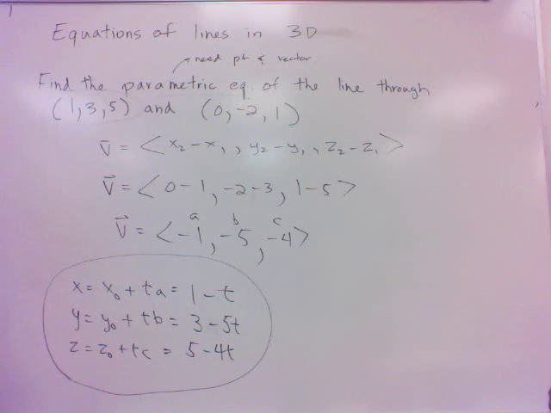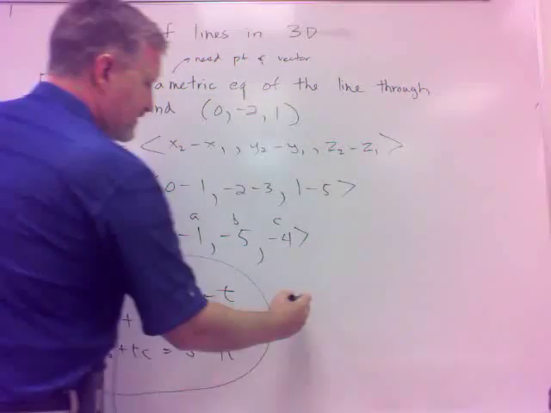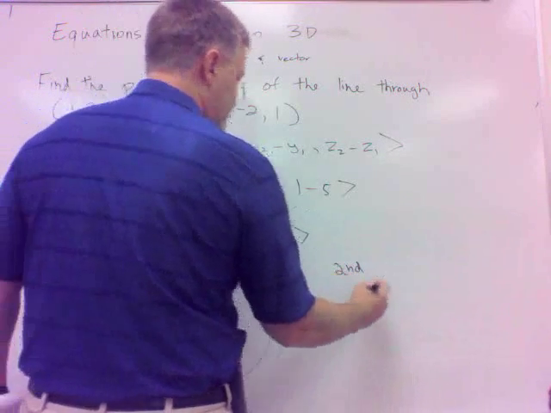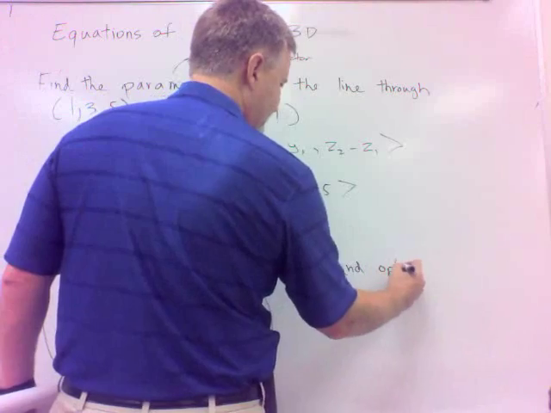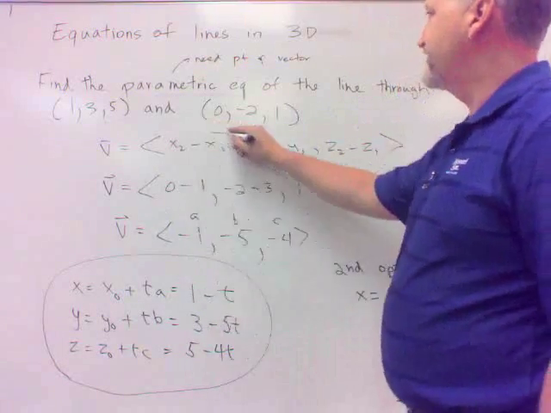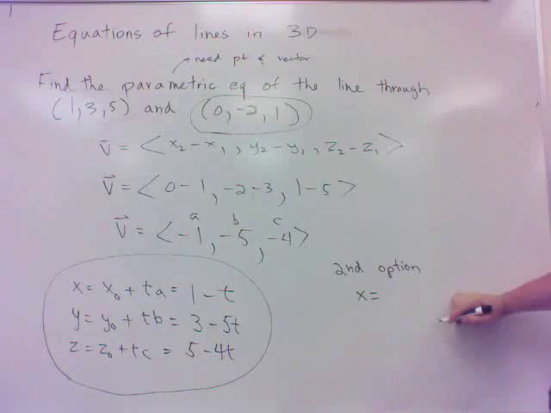Now, one point about this is that it's not going to be unique, is it? Because like we mentioned, for x0, y0, z0, we had a choice here. So we could get a second option here. If we say our x0 is this point, then what are our equations?